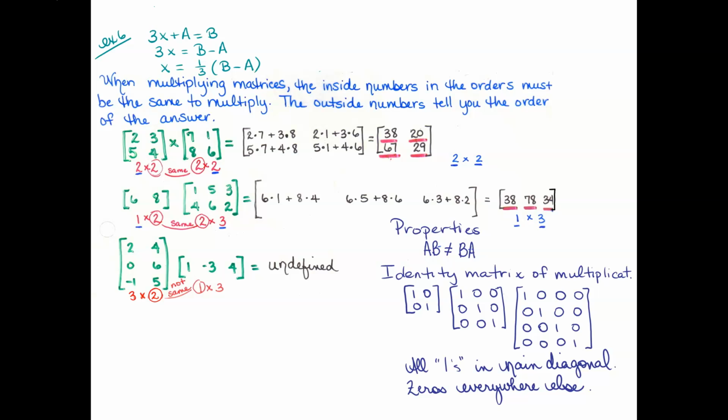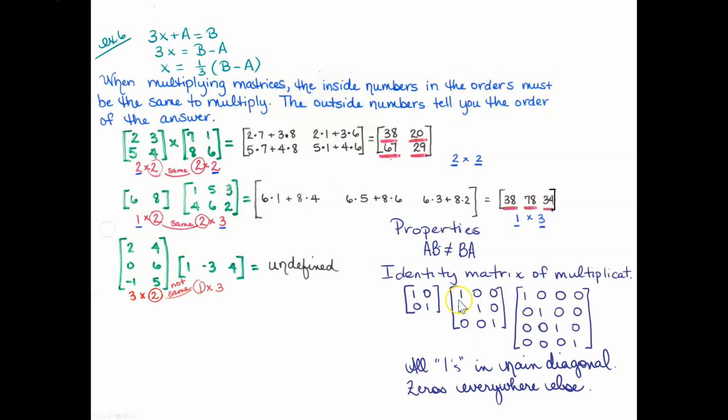If you multiply any 2 by 2 matrix times the 2 by 2 identity, you just get that matrix you started with. If you multiply a 3 by 3 times the identity, you get what you started with. So we could keep going with that, 4 by 4, 5 by 5, 10 by 10 if we wanted to. Here's what the identity matrix is.